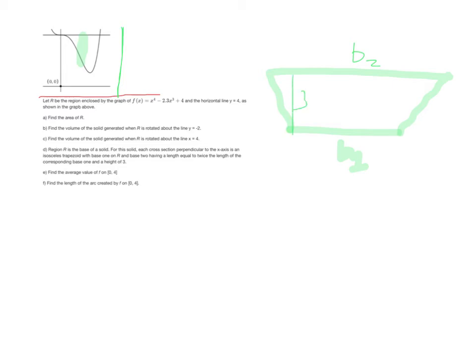So the area of any one trapezoid is 1/2 base 1 plus base 2 times the height. Height is 3, so that's going to be 3/2. And now if I write this B1 plus B2, B1 is again the length of this rectangle. Well, that's again 4 minus the function value.